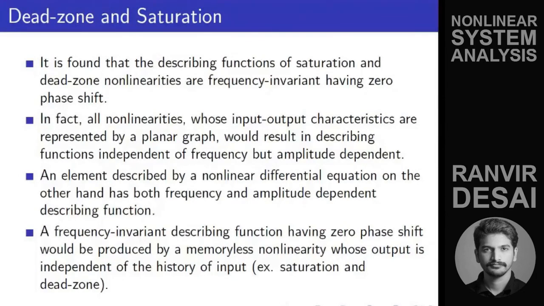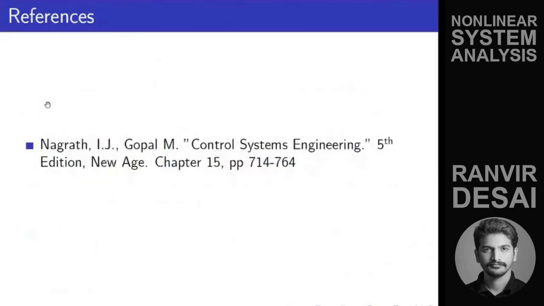Assignment number 6 has 4 questions. What are the common physical nonlinearities? Explain each one in detail. We have discussed this. The second question is how nonlinear systems differ from linear systems. You will not find this answer in these slides. You may read some initial 1-2 slides, or go and read the 15th chapter in Nagrath Gopal book, or search online for different resources.